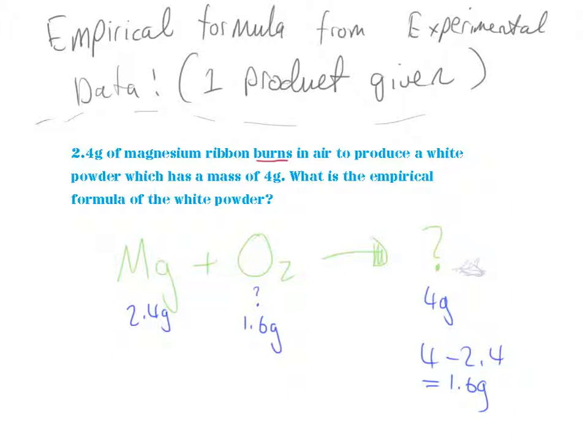So first of all, from my periodic table, I find that the relative atomic mass of magnesium is 24.3. And I find that the relative atomic mass of oxygen is 16, and since this is O2, I'm going to multiply that 16 by 2, which is going to give me 32. And the units for both of these are going to be grams per mole.